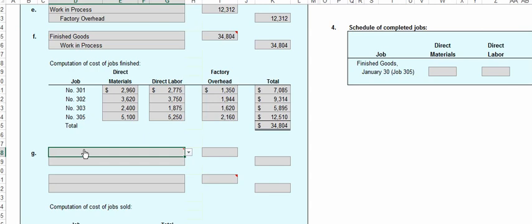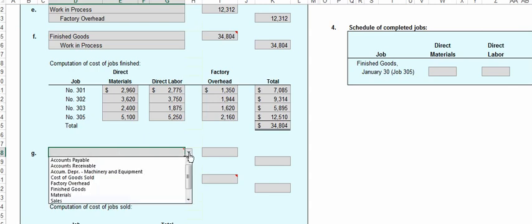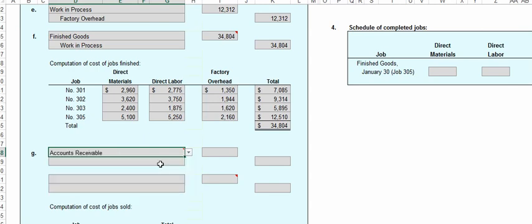If we're billing customers, then they didn't pay us immediately, so the account we're going to debit here for this total of the sales prices would be accounts receivable, since we're billing the customers for these amounts. And let's add them up. Our sales price on job 301 was $82.50.